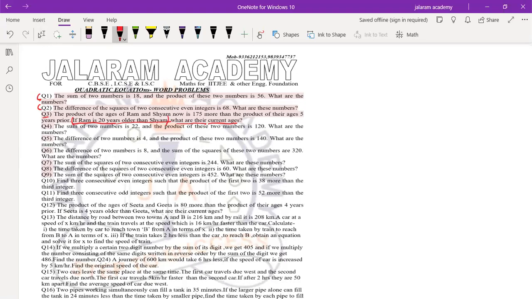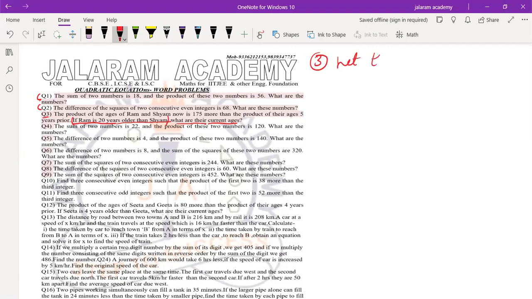So if we consider the age of the younger one, Syam, is X years, then the age of Ram will be 20 years more than Syam. That is, we have to add 20 years to the age of Syam, that is X plus 20, as Ram is 20 years older than Syam. So this is the assumption which we have to take first of all.